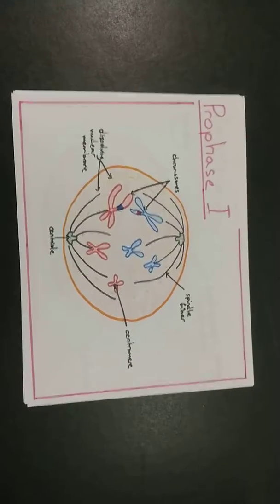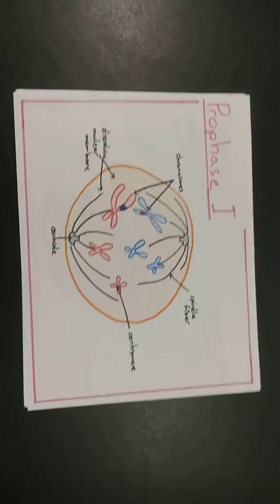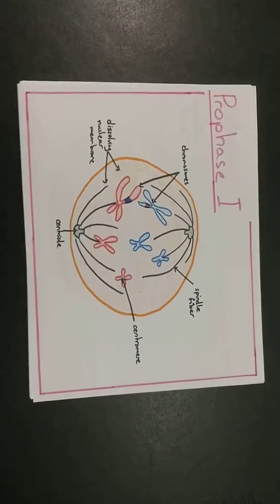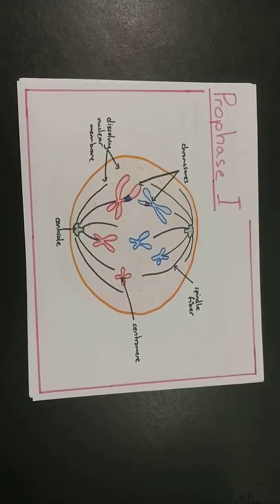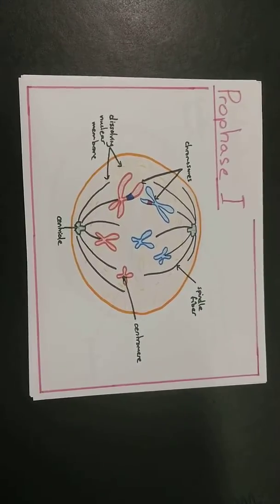For example, if the gene is eye color, one chromosome might contain the eye color blue, while the other contains the eye color brown. Another fancy terminology for homologous chromosomes is bivalent. You might hear that.